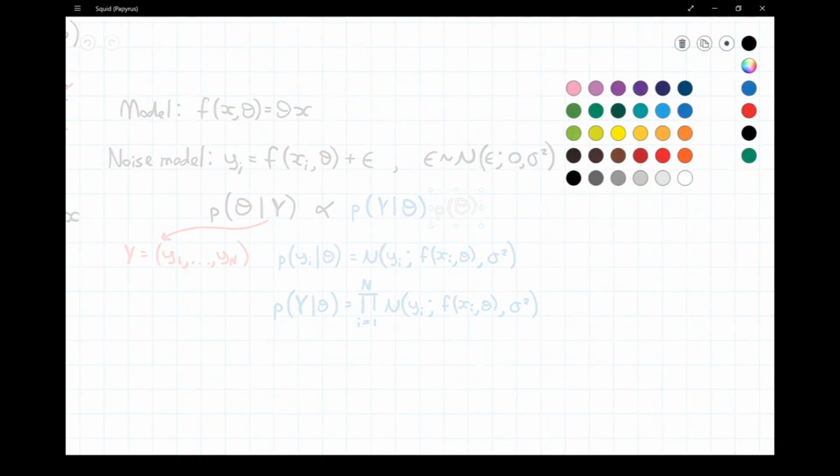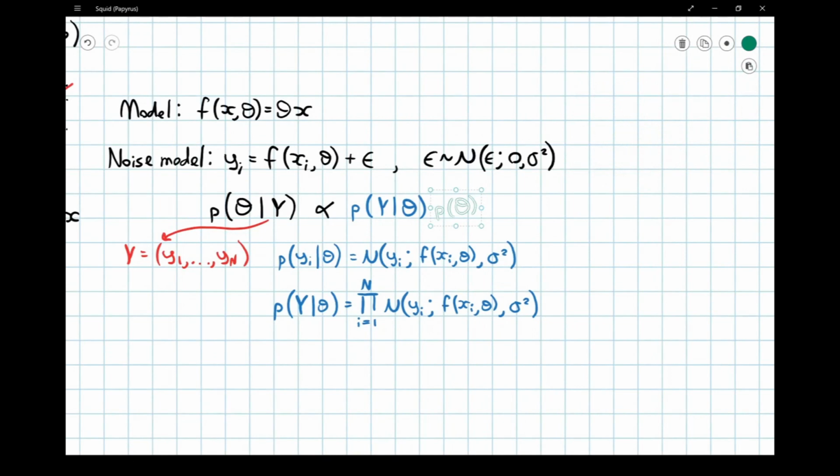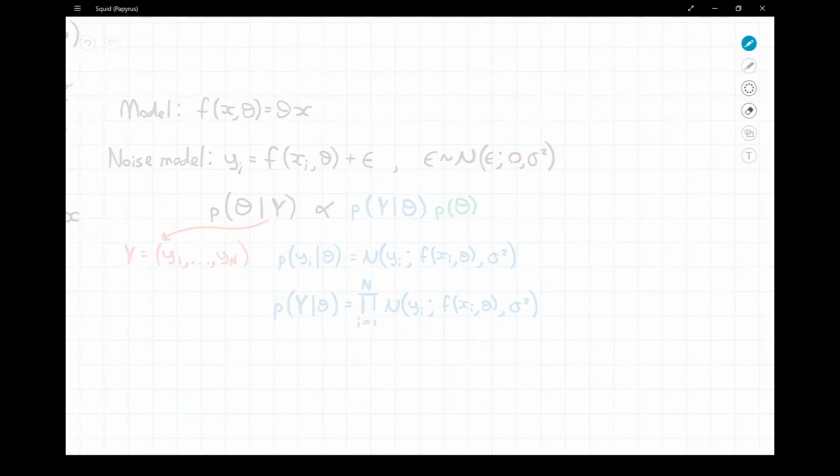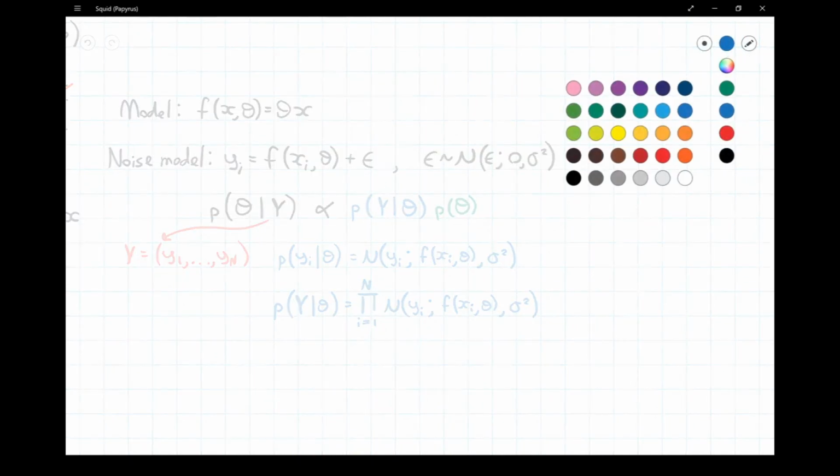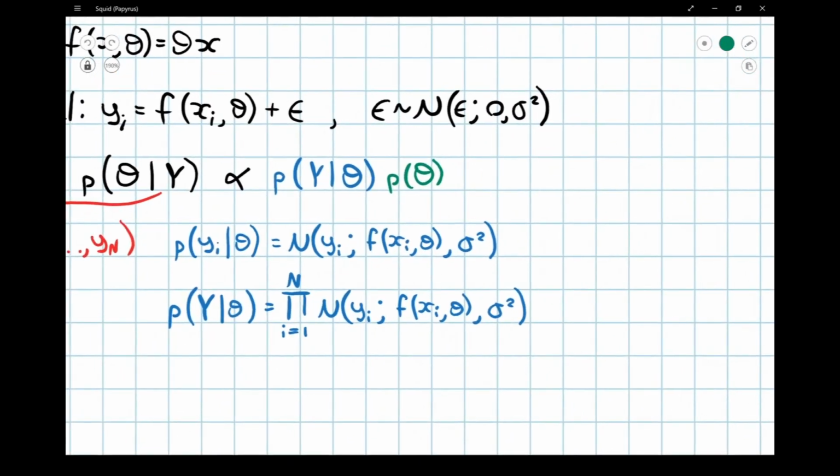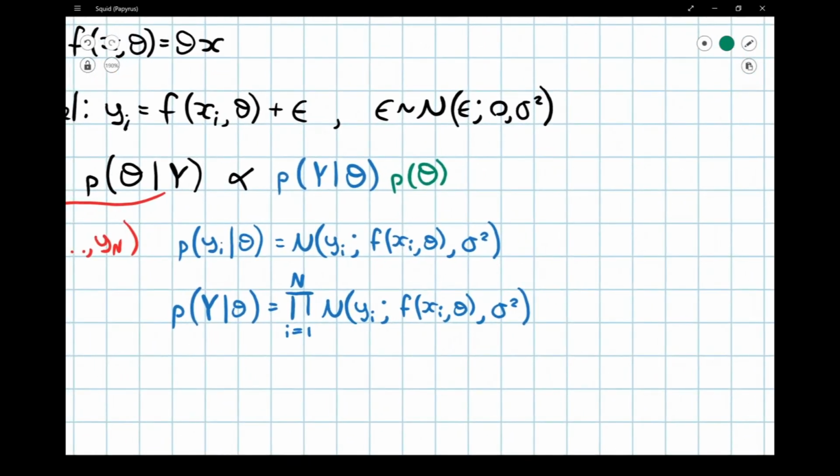So this thing, which we will make green, is called the prior. What it is really is a probability distribution over theta, but it's not conditional on y at any point. So you're not allowed to write this as a function of y.